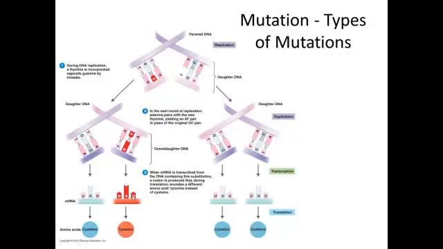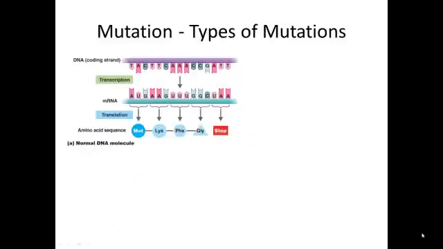You just never know. Now that we've discussed what a mutation is, let's discuss the various types of mutations. In this scenario, here's the coding strand of the DNA. We've got our triplets, our DNA words, and here's the mRNA that gets made. Here are the codons, and here is the amino acid sequence of the original DNA molecule.